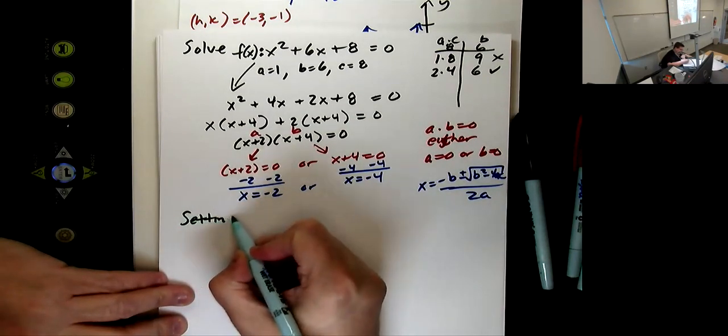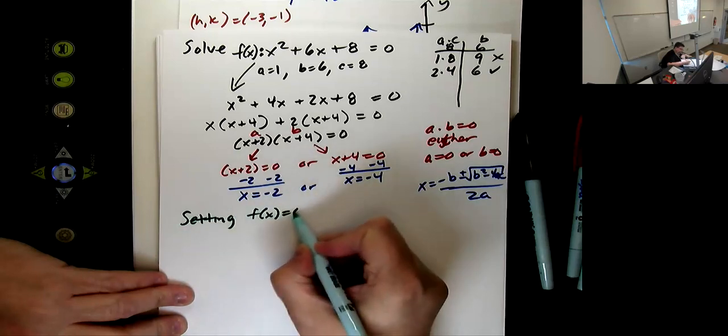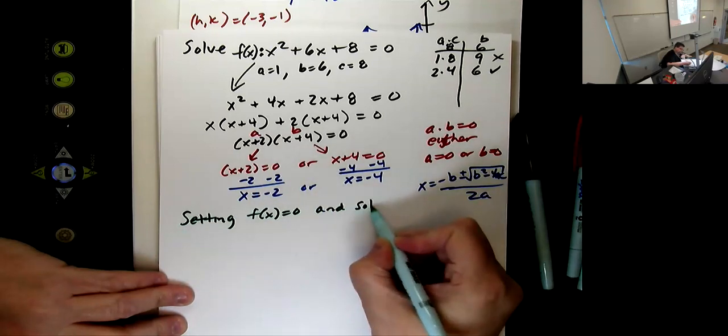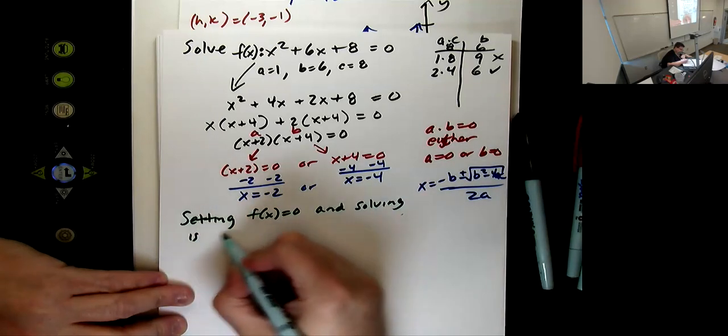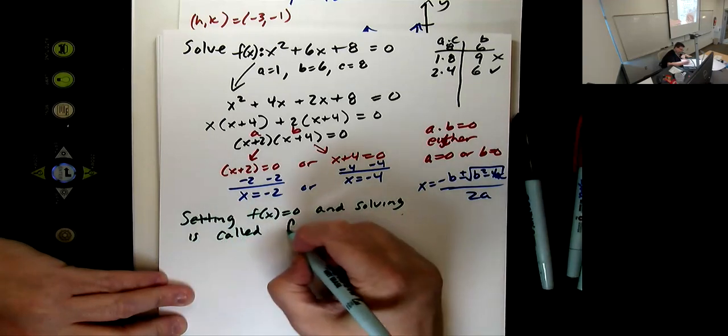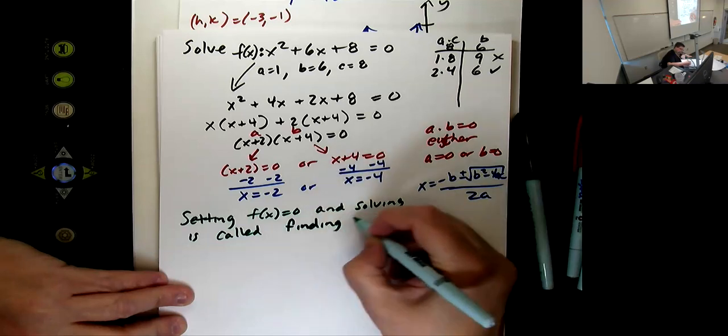Setting f of x equal to 0 and solving is called finding the zeros or finding the roots.